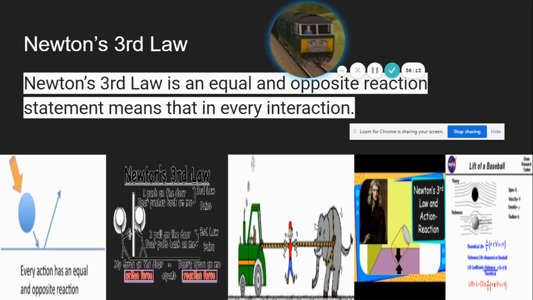That can represent Newton's third law or other Newton's laws. There are so many Newton's laws that can be described. You probably learned this in third grade, definitely.